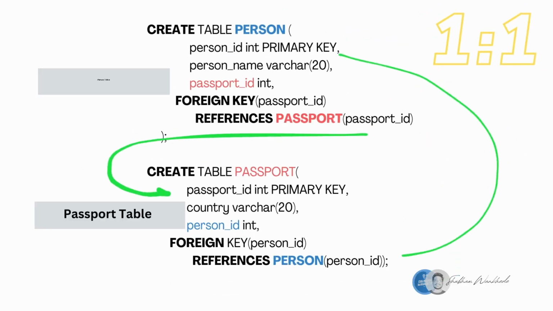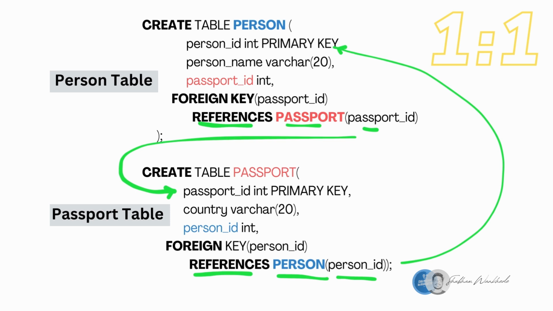The second example which I have given is the case where, as an Indian resident, you can only hold one passport, and that relationship between a person and a passport is one-to-one. The basic structure of writing a one-to-one relationship in SQL is this one.